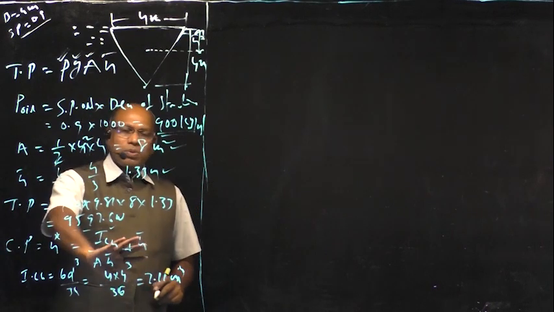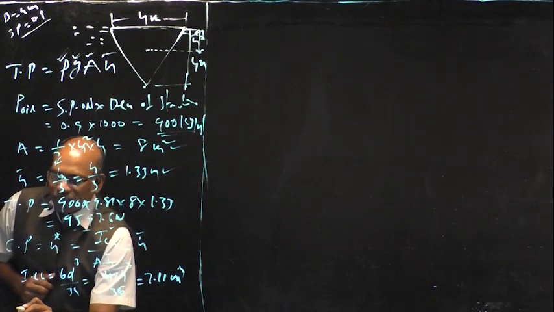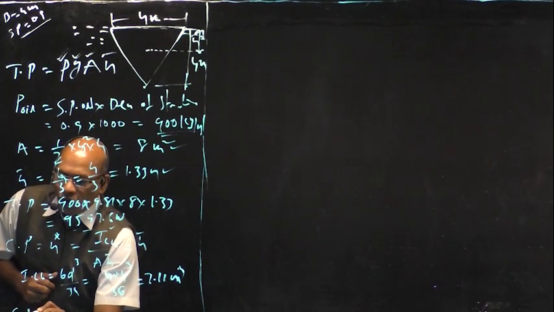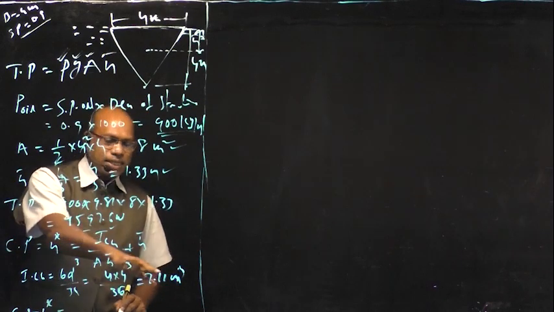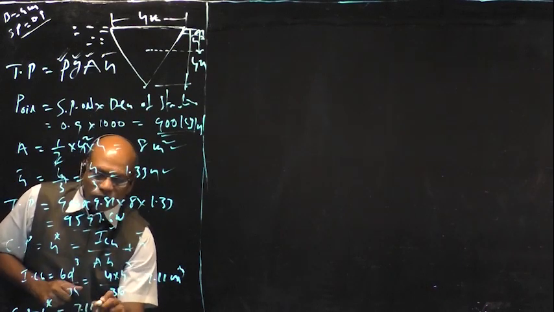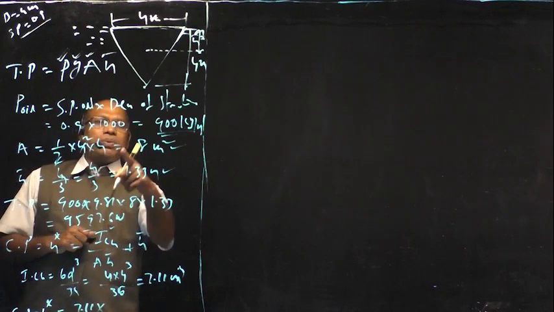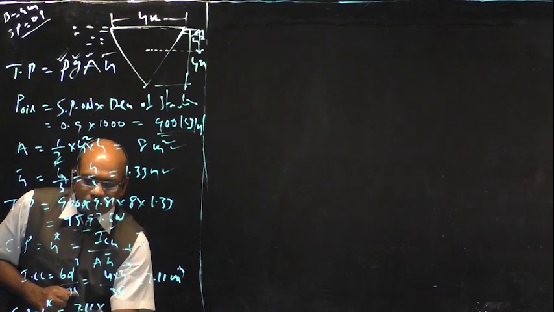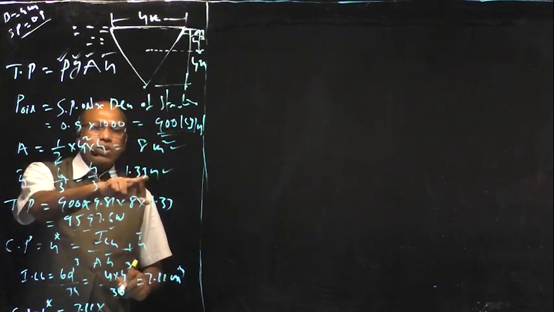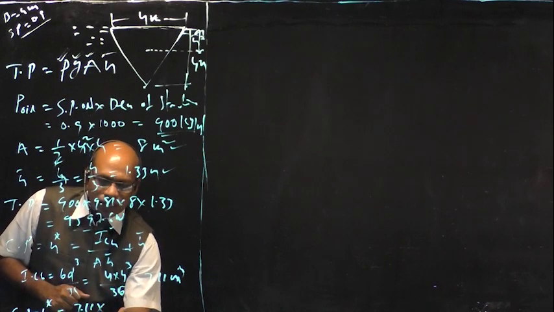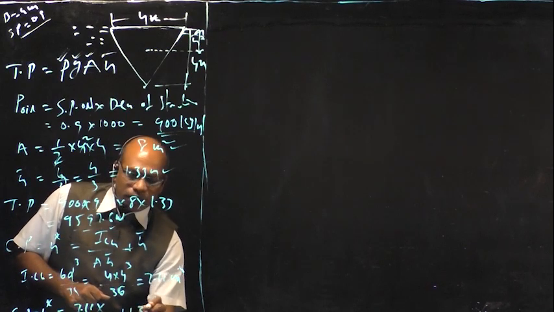Now we are going to substitute the values in the standard equation. Therefore, center of pressure Cp or H star is equal to ICG, 7.11, divided by A h bar, area is equal to 8 into h bar 1.33, plus h bar 1.33.